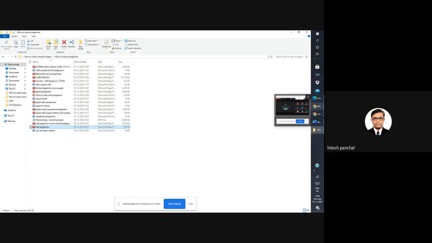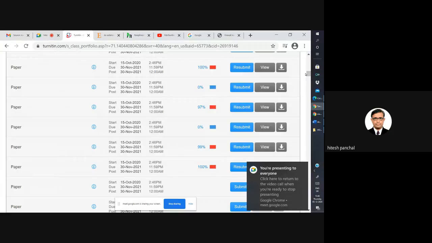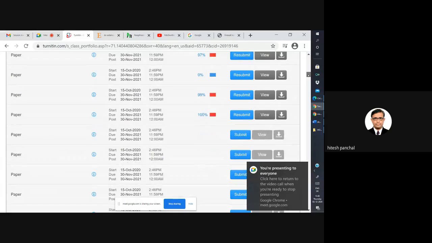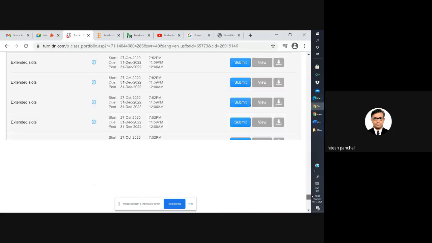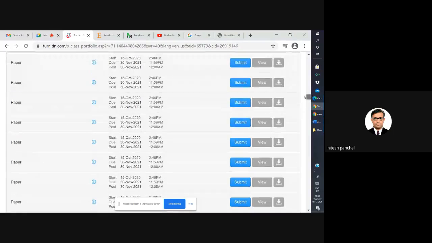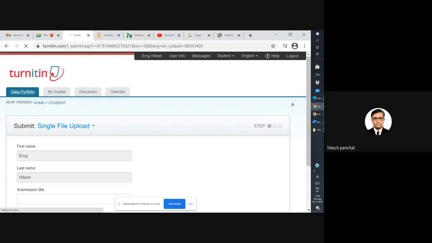Let me open it now. This is the Turnitin software. Now here, how you will submit your paper. You can see there are many tabs available. I have licensed software, so I can use it anywhere. Now I will click on submit. Here I will write any title.